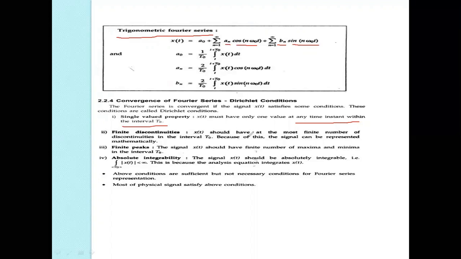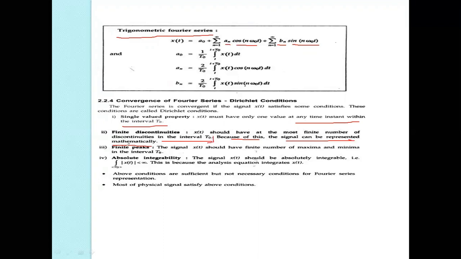X of t should have at most a finite number of discontinuities in the interval t naught. Because of this, the signal can be represented mathematically. So the second condition is it having finite discontinuities.